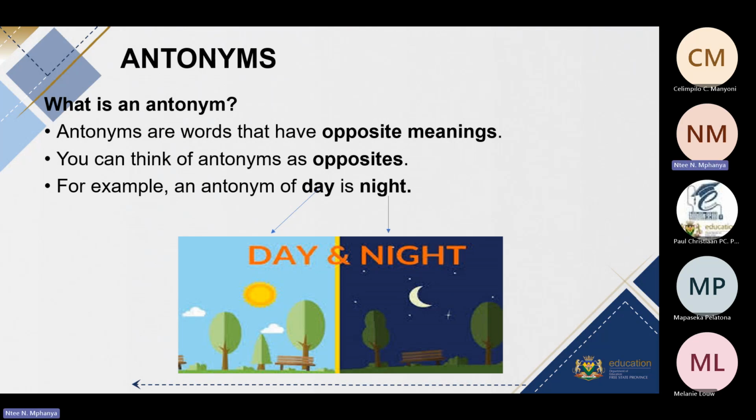While with synonyms, they look similar, here there is a contrast. We have a day and a night. The day is a bit lighter or clearer. The sky is clear. Here, the sky is dark. And look, we have a sun here. There we have a moon and the stars. So they are opposing each other.